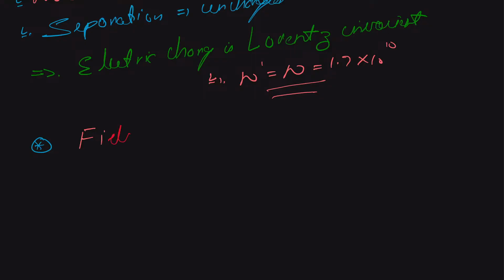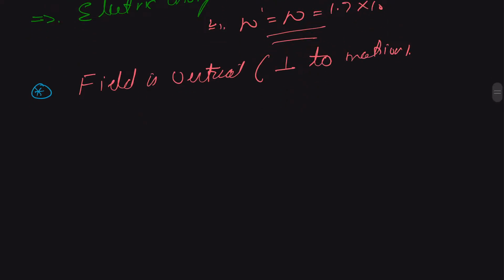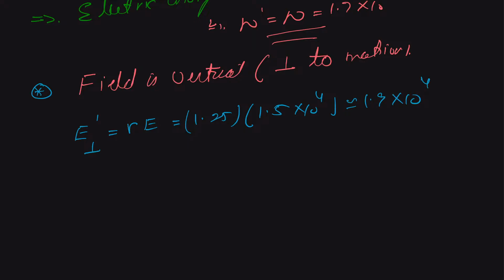So we know that our field is vertical, or we can write this will be perpendicular to motion, and therefore its new perpendicular component E prime will be equal to the Lorentz factor gamma times the original electric field E. Therefore we get 1.25 times 1.5 into 10 to the power 4, and this comes approximately as 1.9 into 10 to the power 4 volts per meter.